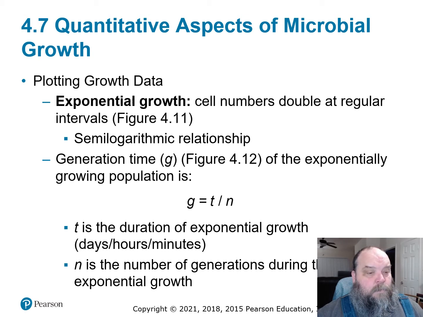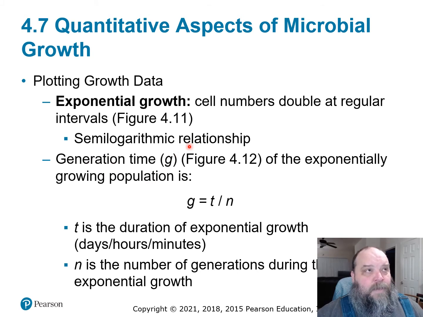So now, what can we do with it? Well, we can actually go through and plot growth data. And by plotting the growth data, coming up with means to discuss the exponential growth, how quickly things are going through a generation time.